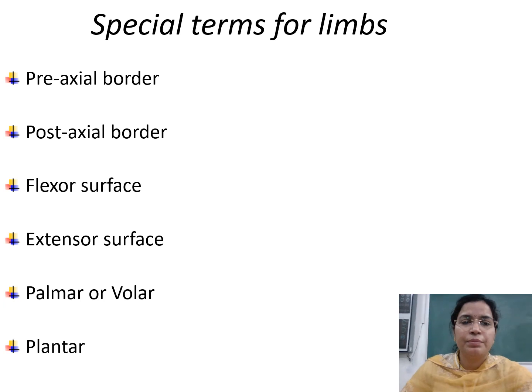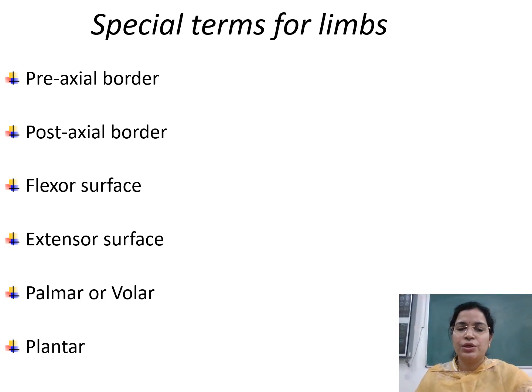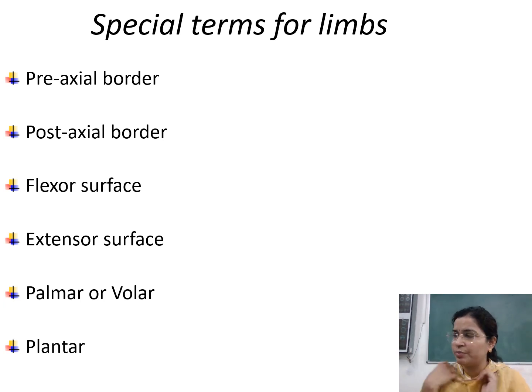So the pre-axial border: during intrauterine life, the human embryo has his spine flexed, and then the upper extremities and lower extremities are again in a flexed condition. The border which is close towards the axis is called the pre-axial border.